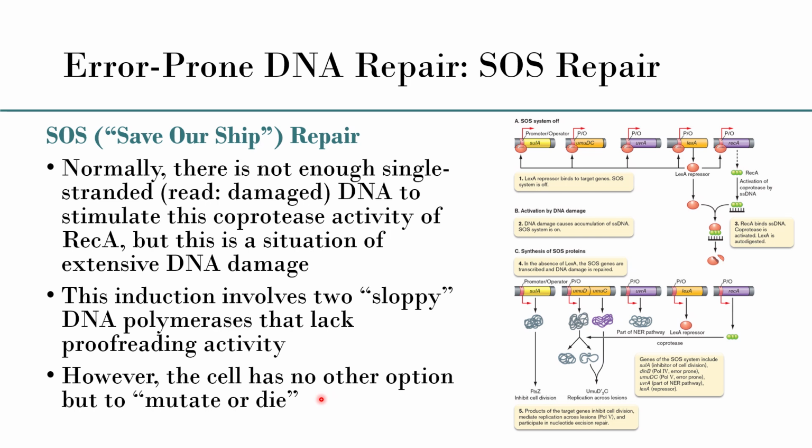Now, here's an interesting connection. LexA is going to repress these DNA repair genes. LexA also binds to really any DNA. It doesn't necessarily discriminate between bacterial DNA or viral DNA.